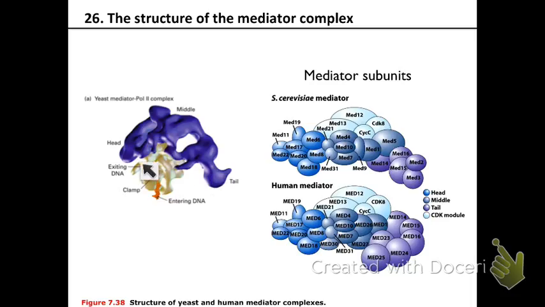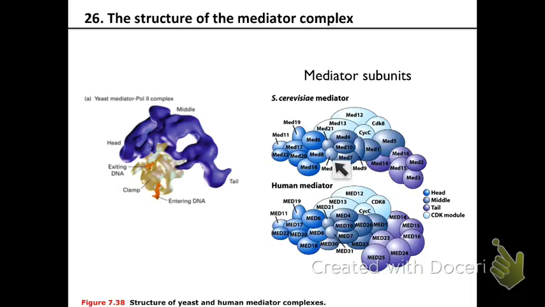You have the RNA polymerase complex shown in gray, and then you have the DNA that is shown in orange. So it basically literally encapsulates the RNA polymerase, and then it makes interactions with the activator proteins all over these surfaces.